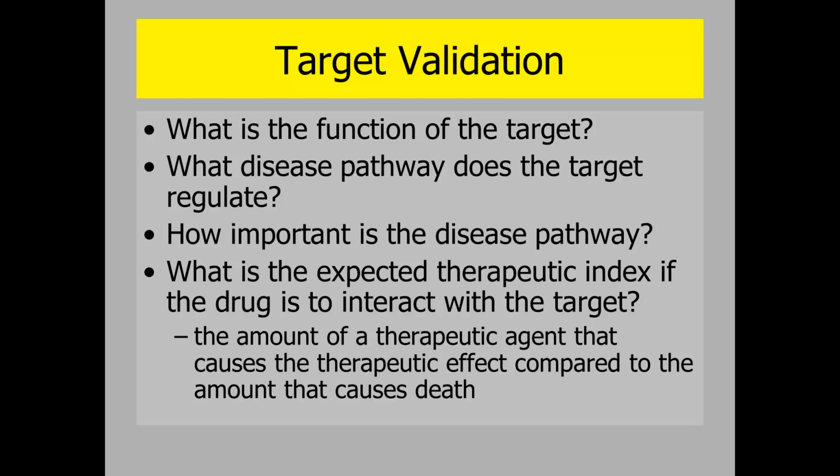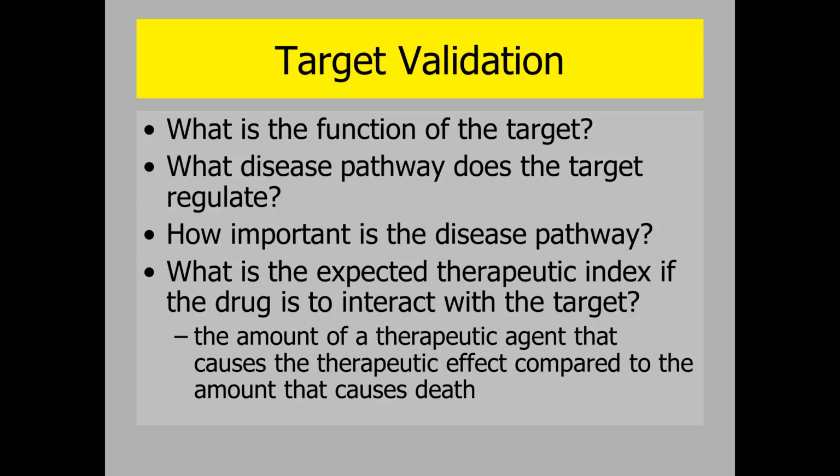So what you're interested in is something that is known as the therapeutic index. So the therapeutic index is the amount of therapeutic agent that causes the therapeutic effect compared with the amount of that agent that causes death. So if a very small amount of therapeutic agent causes a therapeutic effect, that's beneficial because you need a large amount in order to cause death.